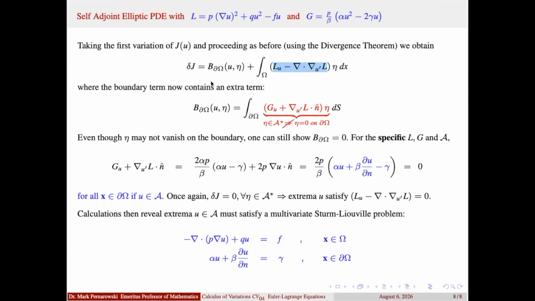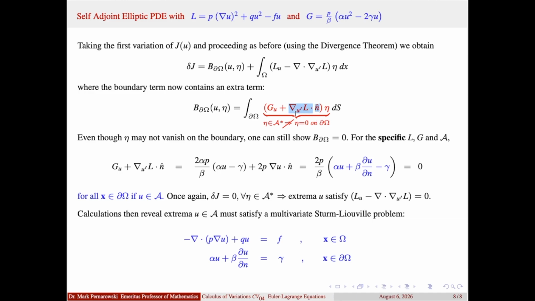But the one thing that's changed is that in this boundary term here, there is an additional term that comes from this function G. When you do the first variation, this is the expression you get here. And I'll highlight, this is what we had before for the boundary, exactly what I'm highlighting now.